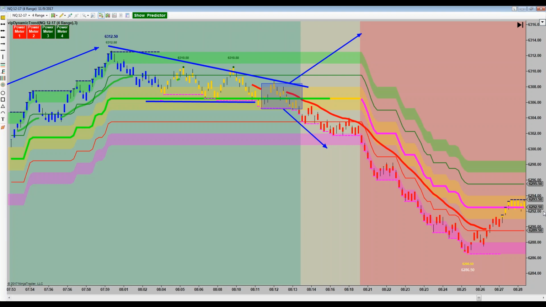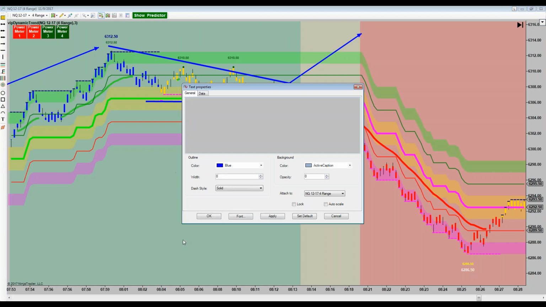So this is the manner or procedure, if you will, in which we determine what we're going to do. The very first thing you do, well, there's many first things. You can put in lines at support and resistance. There's lots of different things.